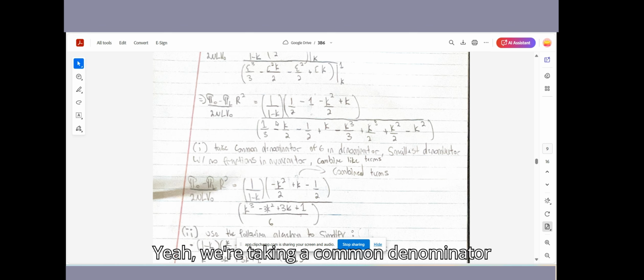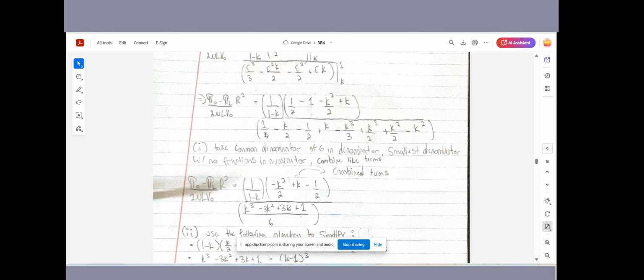Yeah, we're taking a common denominator of 6, and that's because it makes it so all of these are whole numbers in the numerator and the denominator. So dividing by 6, you multiply all these numbers by 6. So this would be 2, -3k, -3, 3k, whatever.